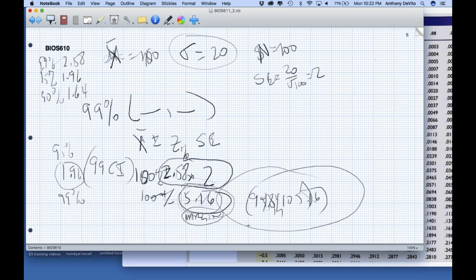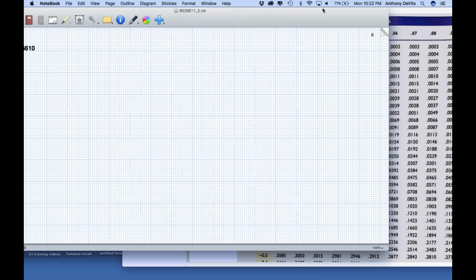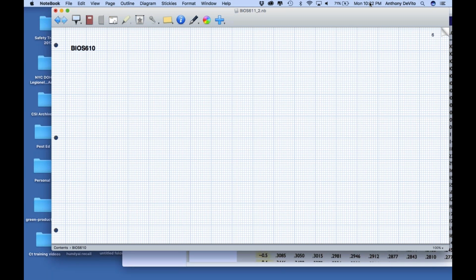So I can also use this as a tool for calculating confidence intervals for proportions. But before I get to that, I want to discuss one other thing here. And that is that when we take a sample, start again, take a sample, and we find x bar is equal to 100, right?